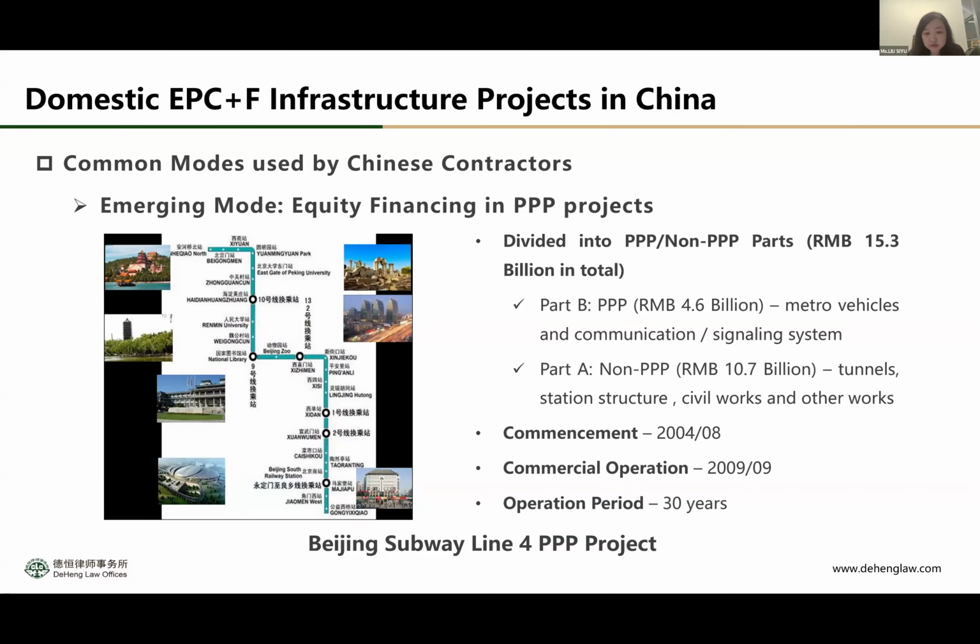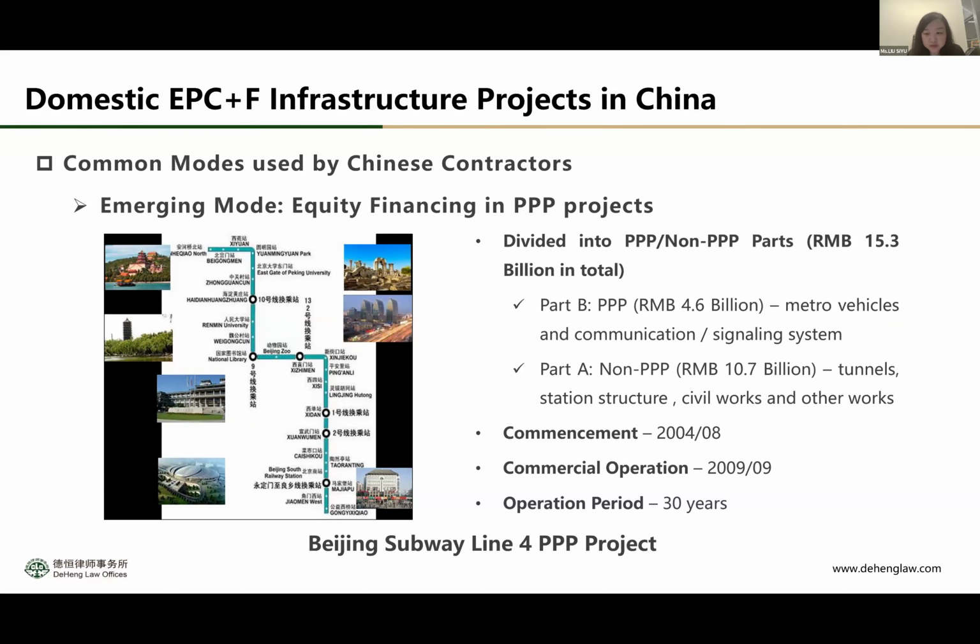So in this project, the work is also divided into two parts. The PPP part is mainly the metro vehicles and communication signaling system and other electric and mechanical parts. And the non-PPP part is the tunnel, station, structure, civil works, and other works.